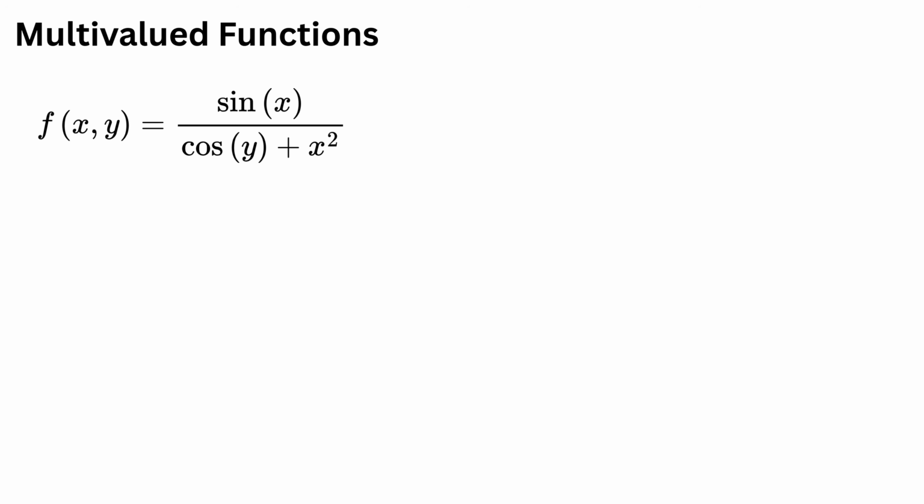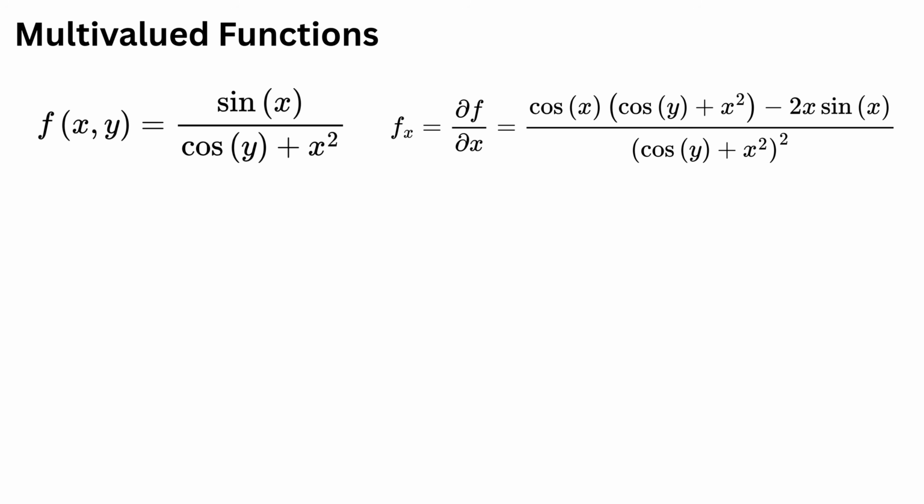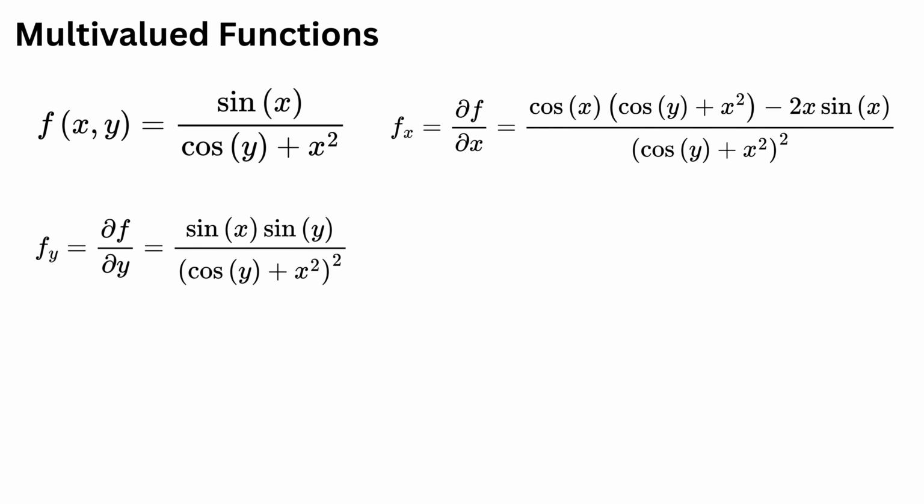Now we can also use dual numbers for multivariable functions. Suppose we have this complicated function which depends on both x and y. The partial derivative of this function with respect to x, which means we assume y as constant and differentiate f of x, y only with respect to x, we will get this. Similarly, the partial derivative of this function with respect to y will be this.